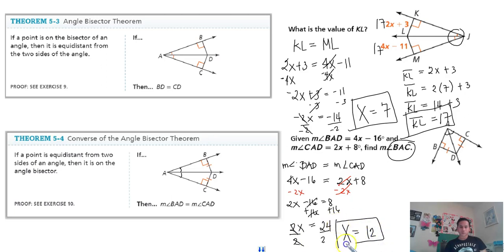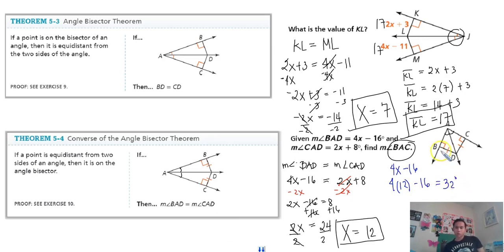12. Now from there, I'm going to use blue color. I'm going to plug it in for 4x minus 16. So 4 times 12 minus 16. So 4 times 12, that is 48 minus 16. This is equal to 32 degrees.